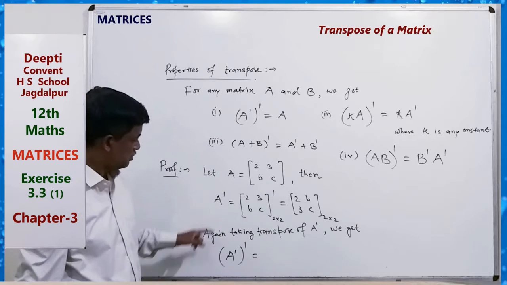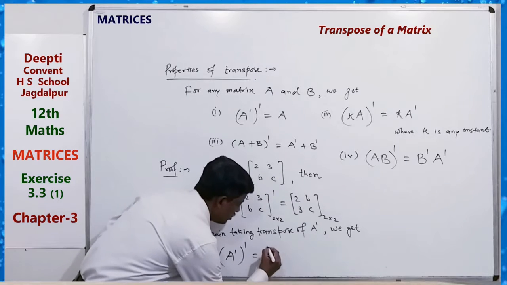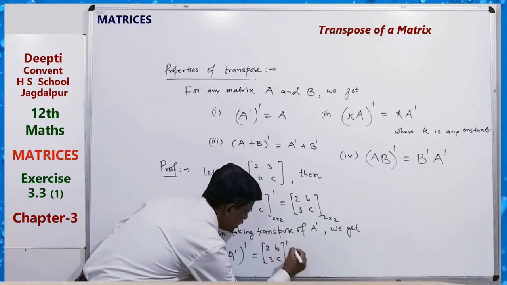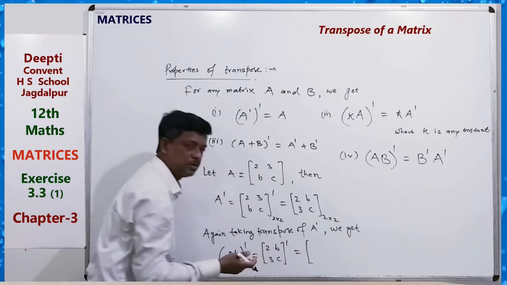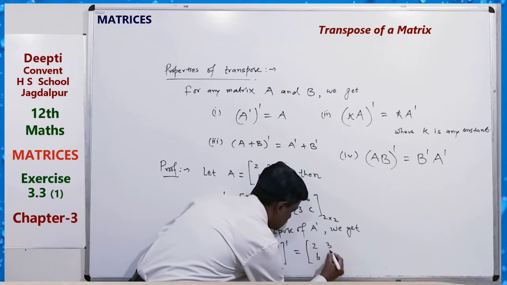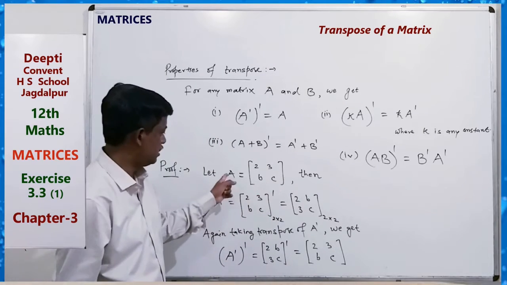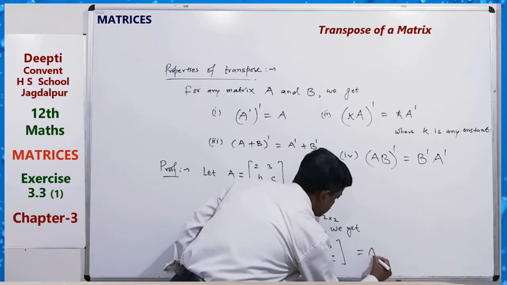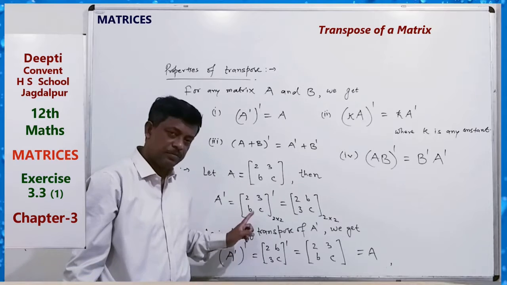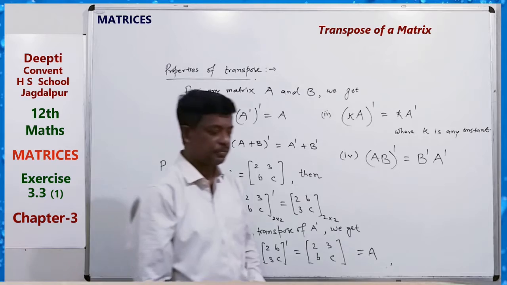Just take the transpose of this, that means the transpose of 2B 3C dash equals, just transfer row to column, column to row. So row to column means 2, 3, B, C, same as A. So this is equal to A. So A double dash, A dash of dash, is equal to A. Hence proved.